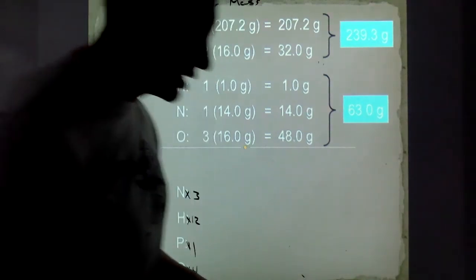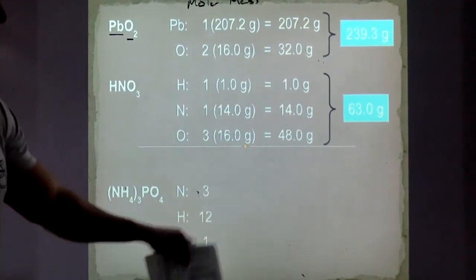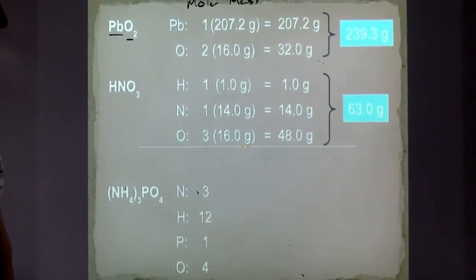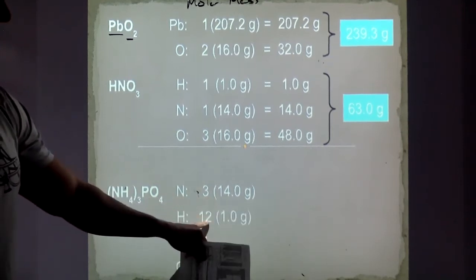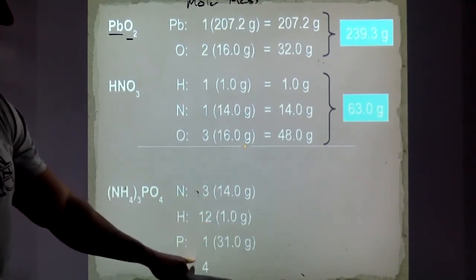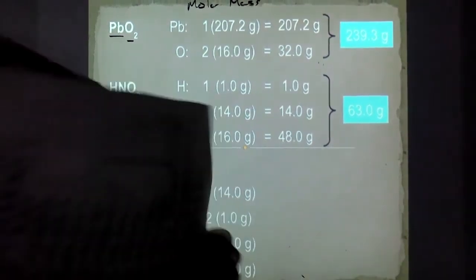Now we go ahead and put those in, and I'll let the program do that. So there's our 3, 12, and 1 and 4. Okay, then we multiply by the molar mass of nitrogen, hydrogen, phosphorus, and oxygen. And all of these numbers here are ones that came right off of the periodic table.